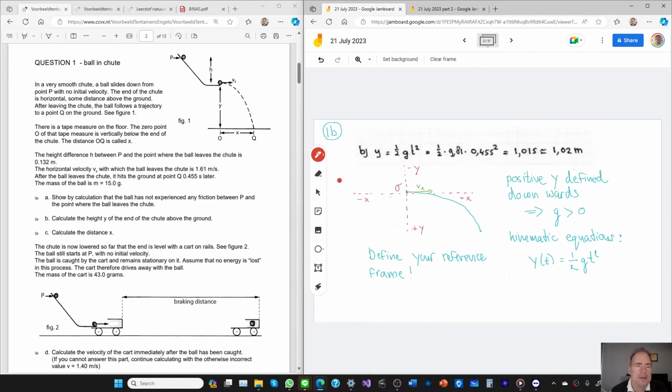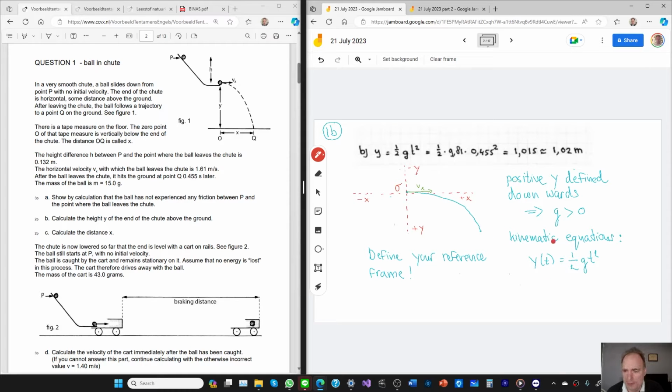Okay. And B is to calculate the height y of the end of the chute above the ground. So this is what they call y. For this, from the same subdomain, we need to know about the kinematic equations.